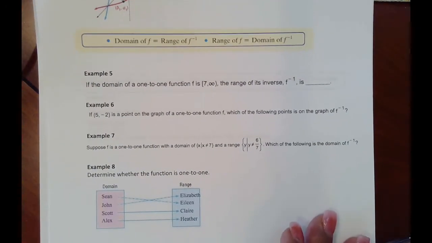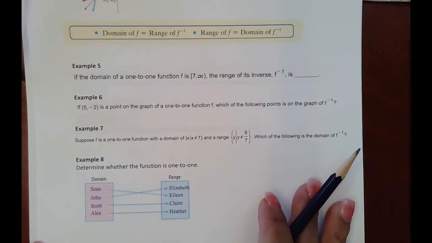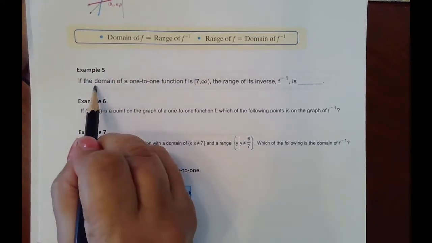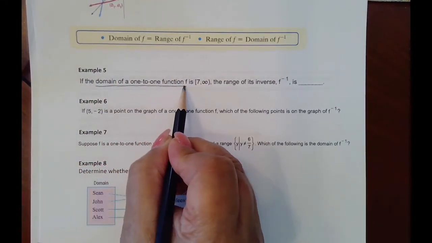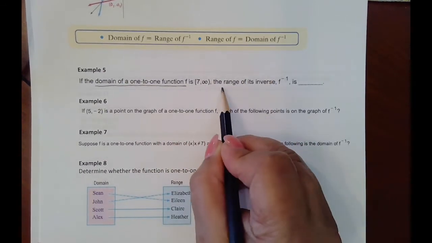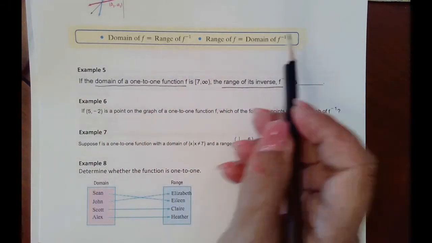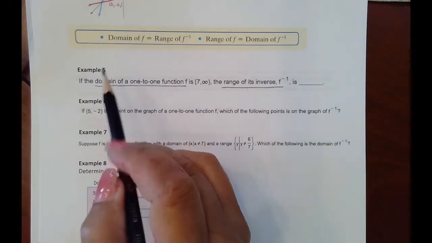These are various examples from my math lab where you're using this definition of the inverse. Example 5 says, if the domain of a one-to-one function called f is 7 to infinity, then the range of the inverse is equal to the domain of the original.